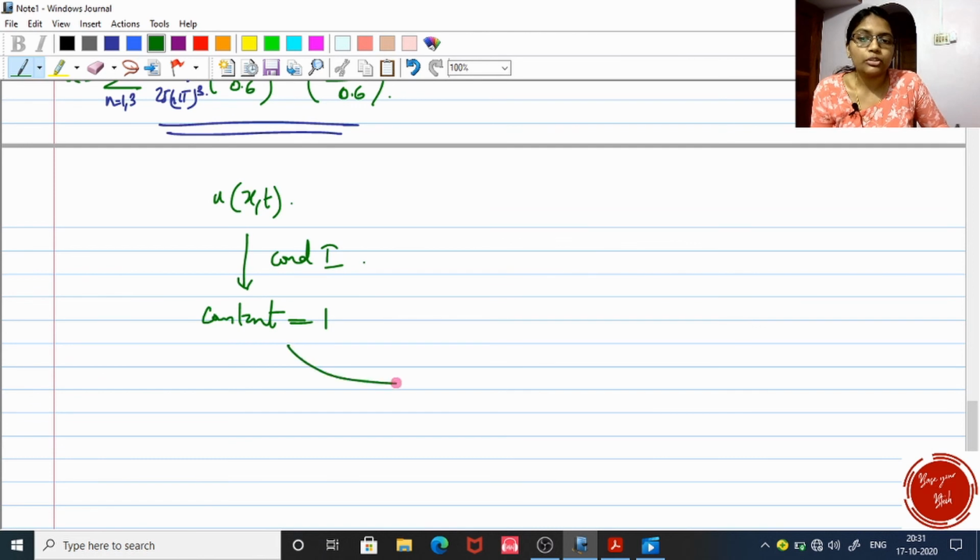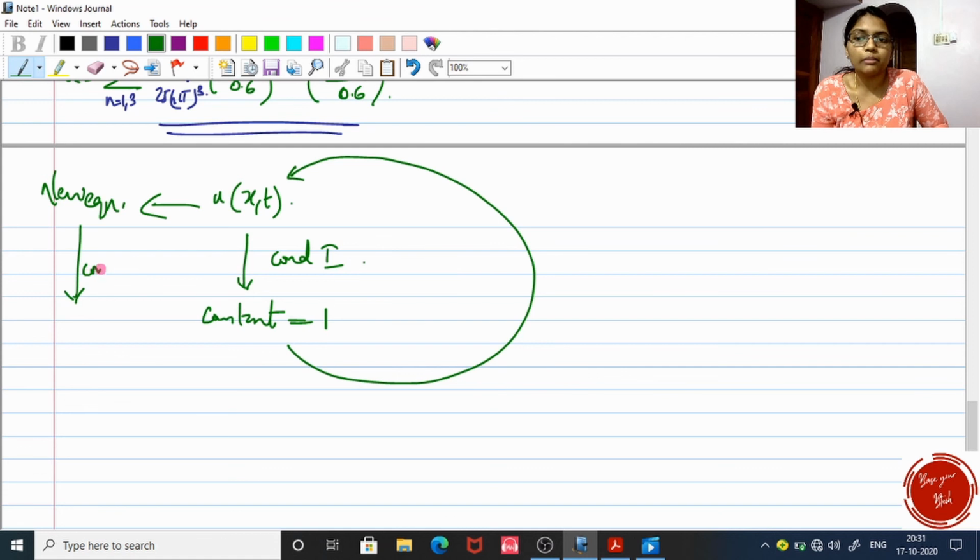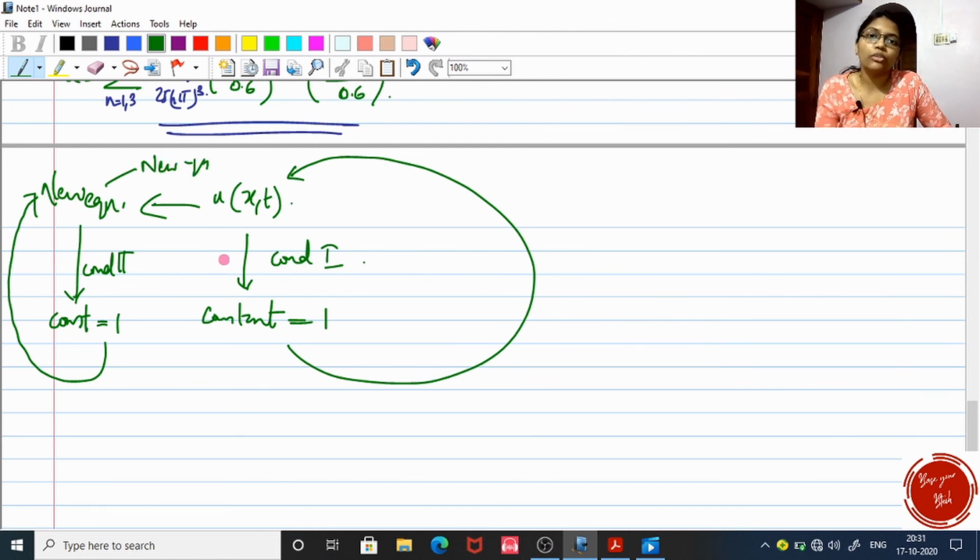And by substituting these constant values in the main equation, you will get a new updated equation, isn't it? Again you move on to condition number 2, again you get the constant, and again this constant value is substituted in the latest equation, and again you will be generated with another new equation. So it goes on like this, and finally you will end up with the desired answer.